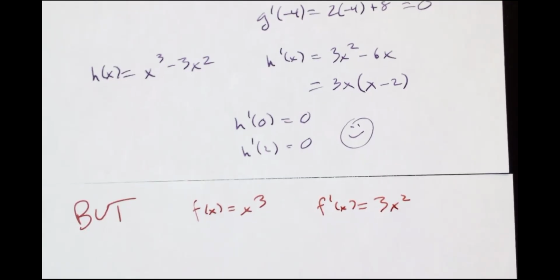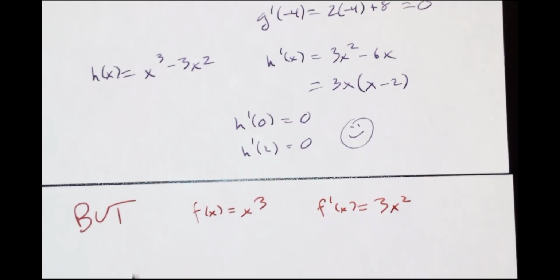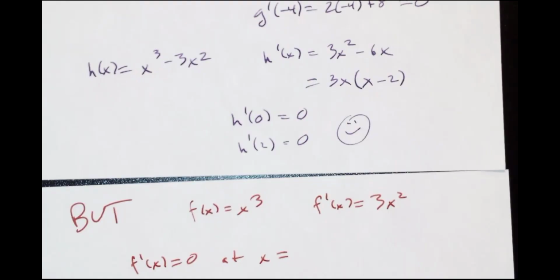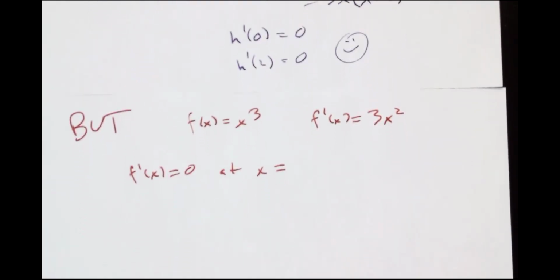Where is that 0? The only thing you get for an x value when you set this equal to 0 is 0 itself.